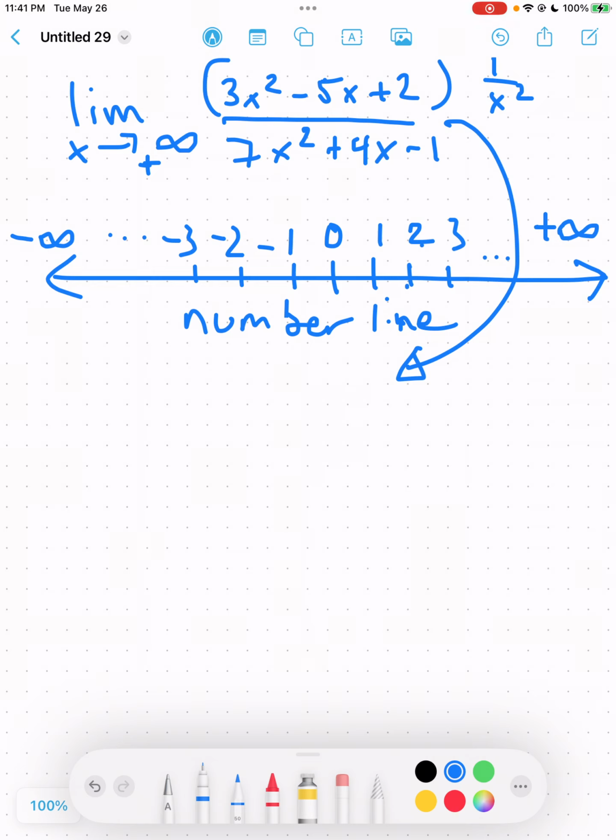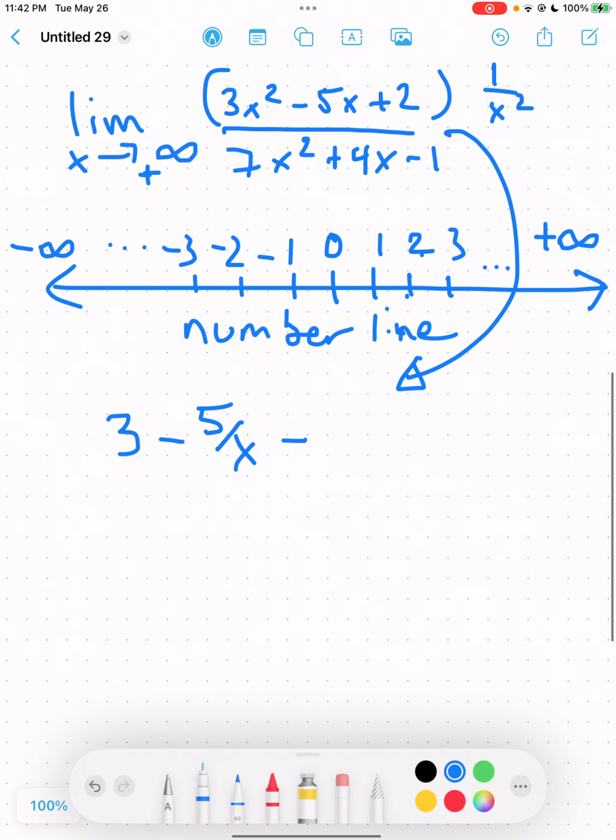3x squared times 1 over x squared is, well, that's 3, right? Minus 5x times 1 over x squared is 5 over x, minus 5 over x, plus 2 times 1 over x squared is 2 over x squared.